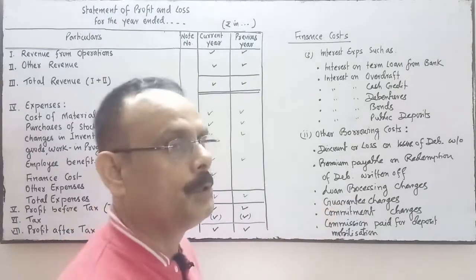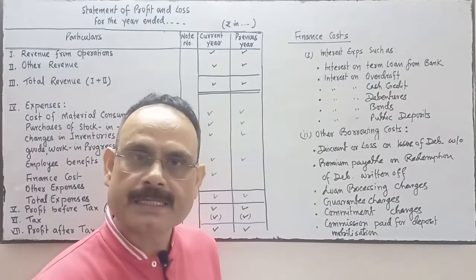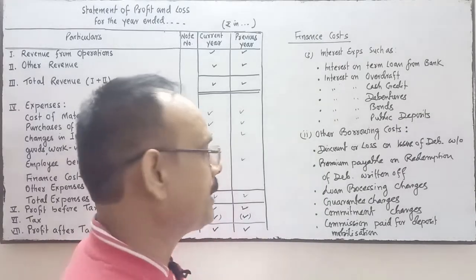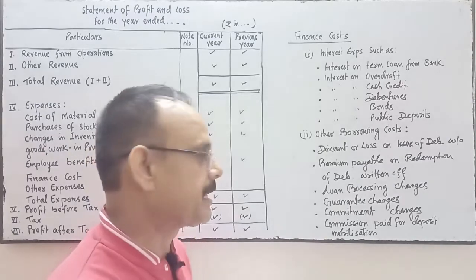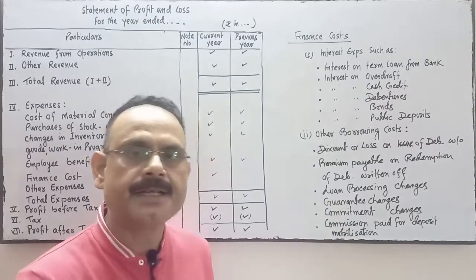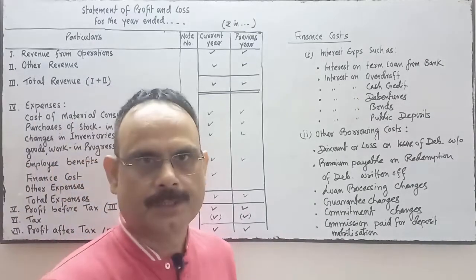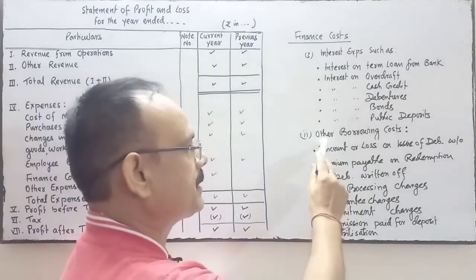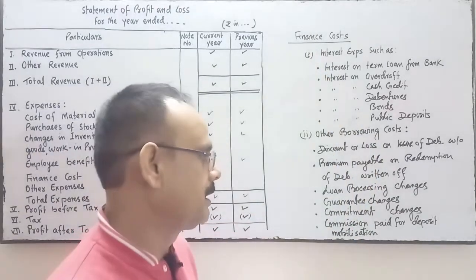Next is loan processing charges. We know that to process the loan, certain charges have to be paid, so that will come under the finance cost. Next is guarantee charges. This also comes under the borrowing cost, and borrowing cost comes under the finance cost.